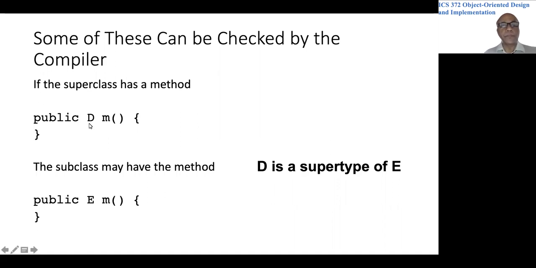The other thing is, if the superclass has a return type of D for a method M, the overriding method can return D or a subtype of D, so that the return values don't surprise the client. You're only returning whatever the superclass is returning, not something that is impossible with the superclass implementation of M.